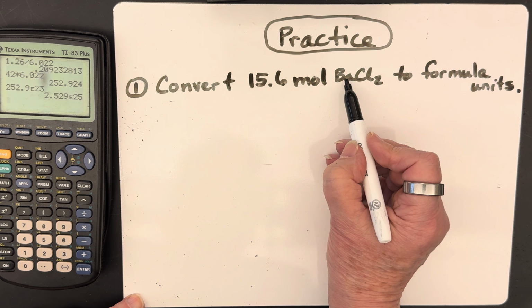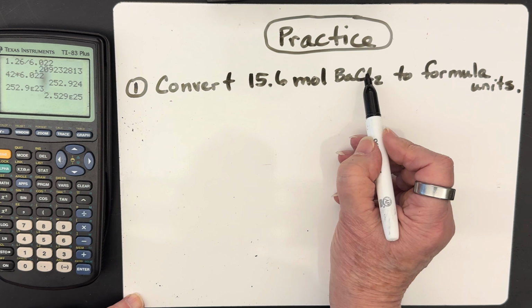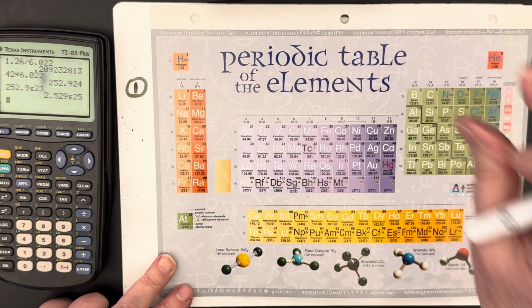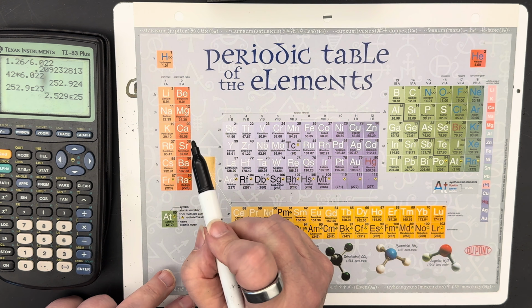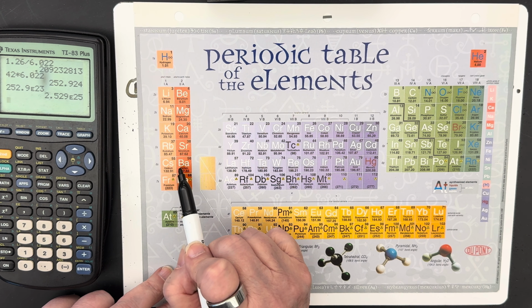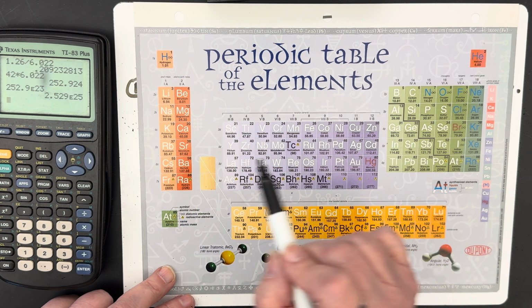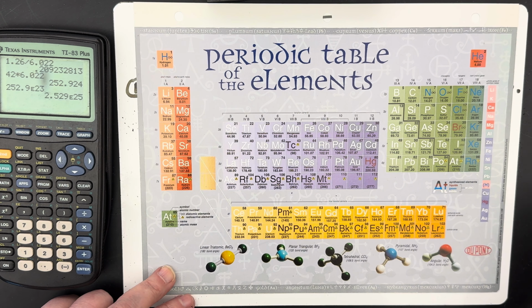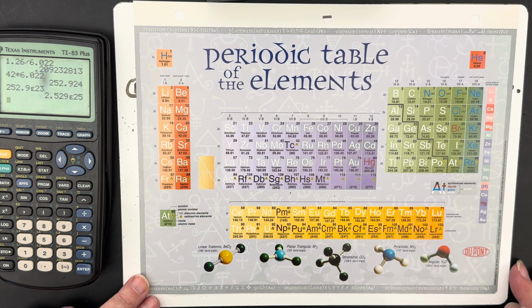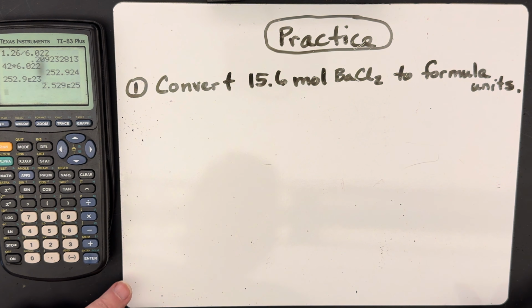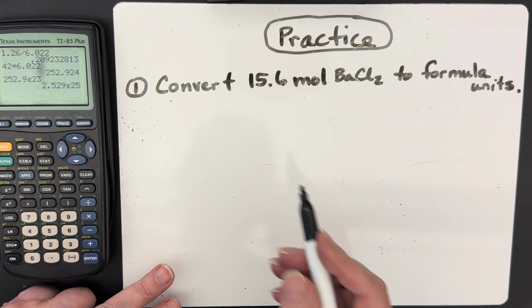Formula units just means between the Ba and the Cl there is an ionic bond, and we know this because Ba is way over here on the left side and Cl is way over here on the right side. So when you have a metal with a nonmetal far apart on the periodic table, that's an ionic bond. But it doesn't matter to working the problem.